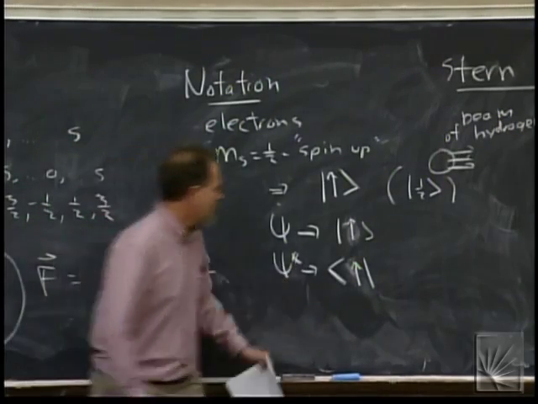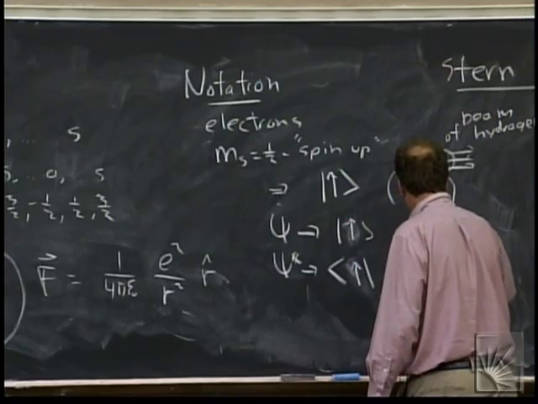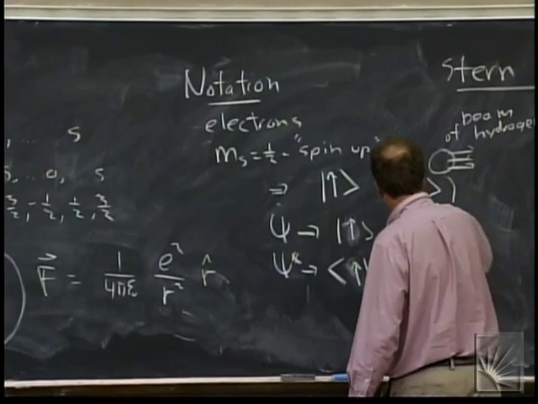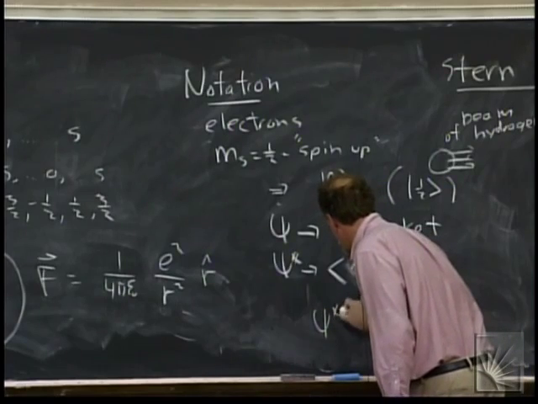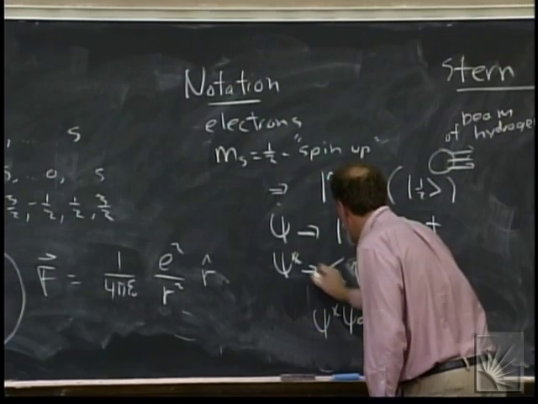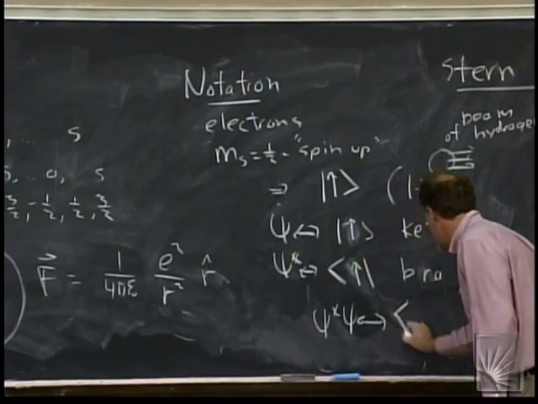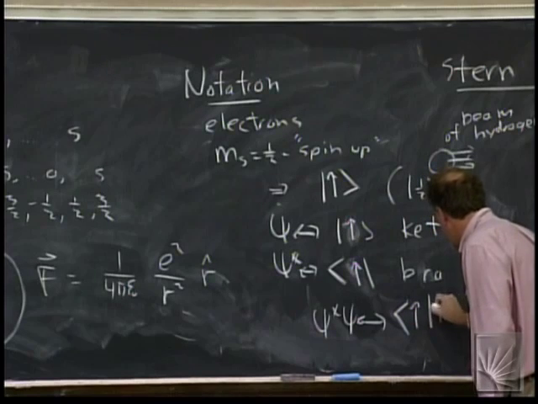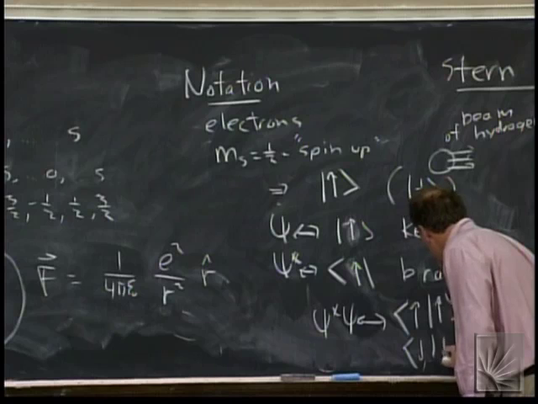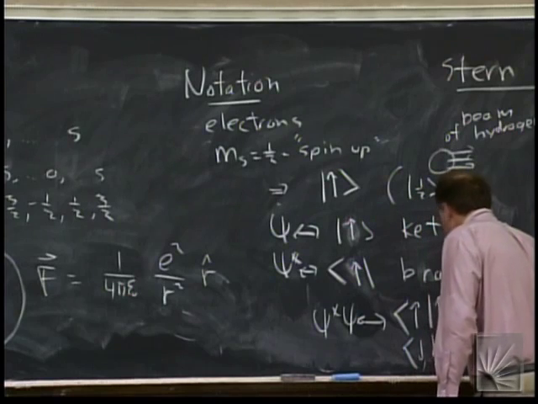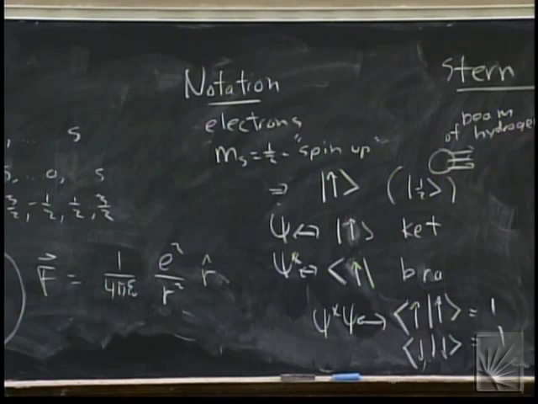So that's a bra, and this is a ket. And so the analogy of psi star psi is up, or down, and that's 1. Okay?